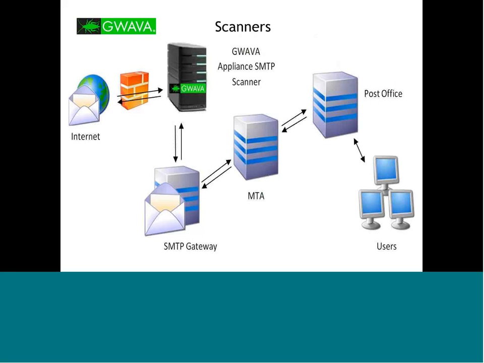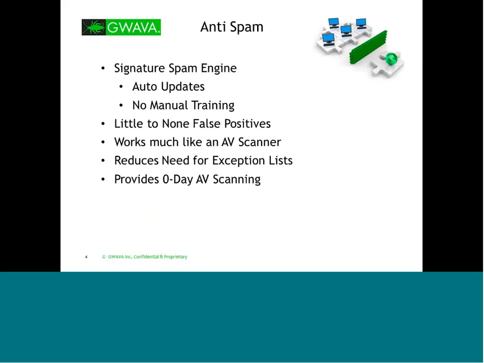We got the SMTP scanner, that's our newest scanner. Okay, we still have the GUIA scanner. Of course, we're the only one basically who can access the post office scanner, and we can go into your post office, and if you have any viruses sleeping in there, we can remove those. And of course, we got the MTA scanner. More about that later on.